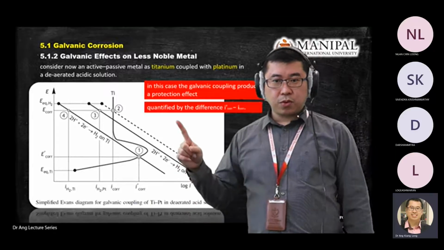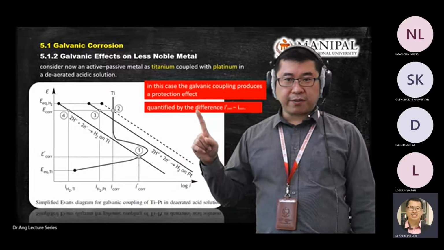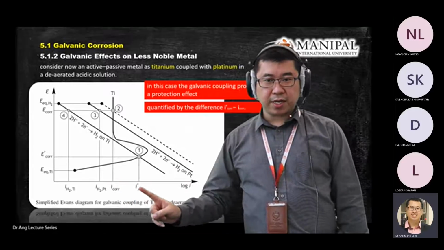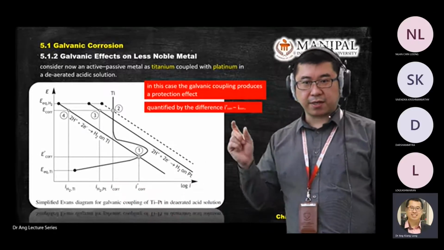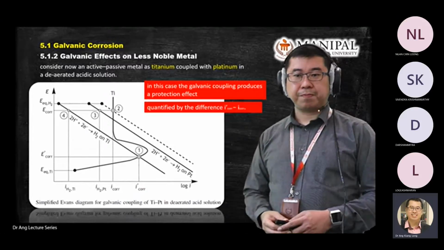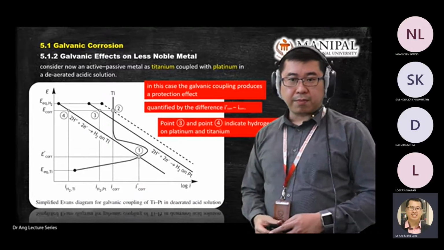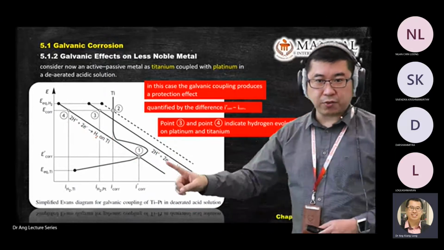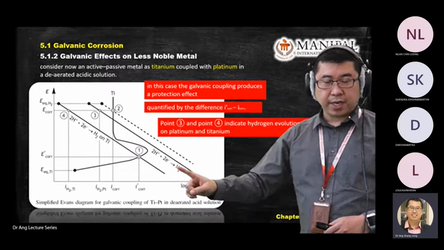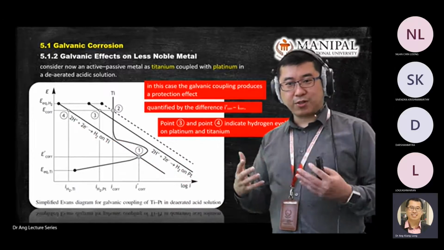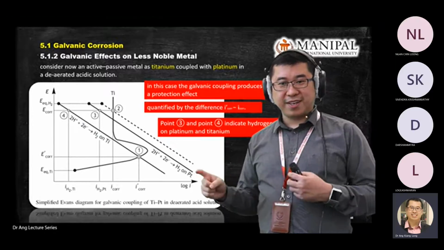Okay, so how do you quantify it? You just take the difference between here and here. Take this one minus this one. You get the protection effects. And then 3, 4, you have the hydrogen evolution, like what we see. You should understand why and how hydrogen evolution happens.